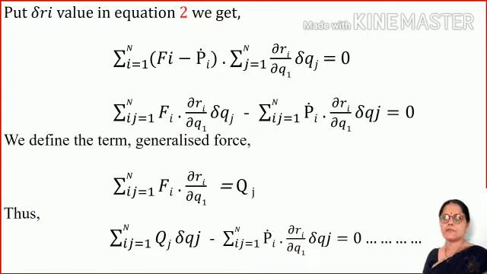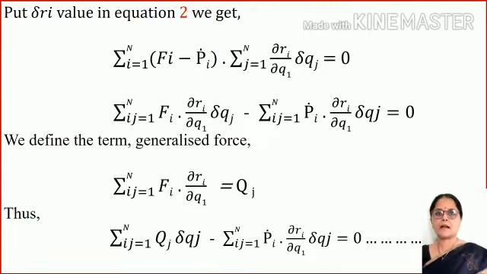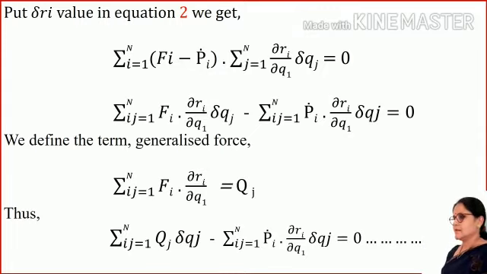Now, solving this equation, we can write summation of i, j equal to 1 to n, Fi dRi/dQj into delta Qj, minus summation of i, j equal to 1 to n, Pi dot dRi/dQj into delta Qj, is equal to 0. We define the term generalized force.